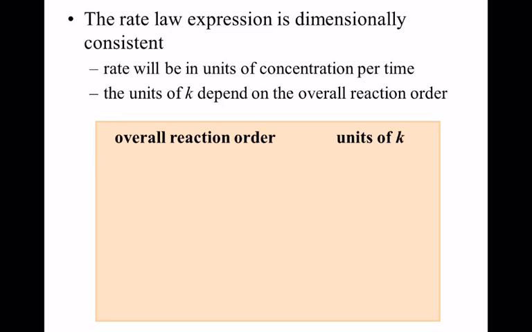So for instance, if your overall reaction order, that's m plus n, is equal to 0, means we have a 0 here and a 0 here, so basically our units go away, then K has to be moles per liter, or molarity per time. It has to be that.